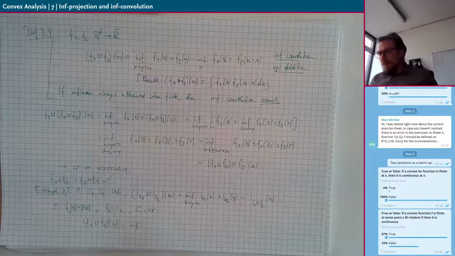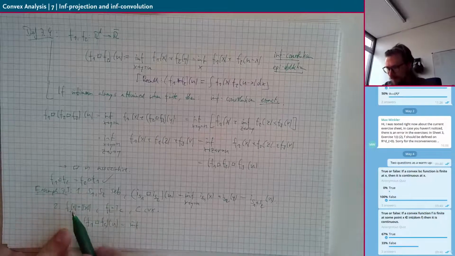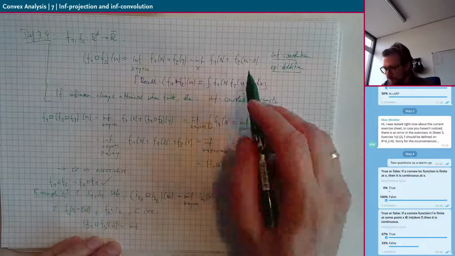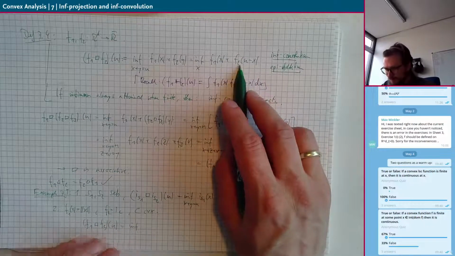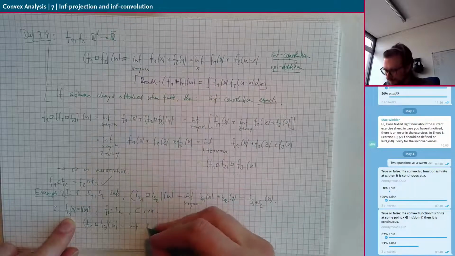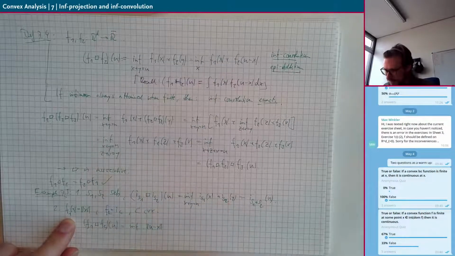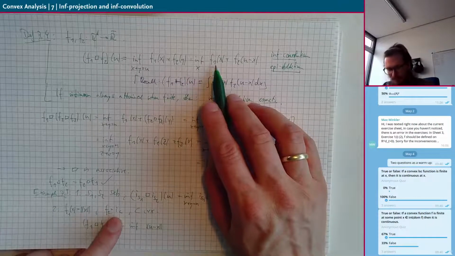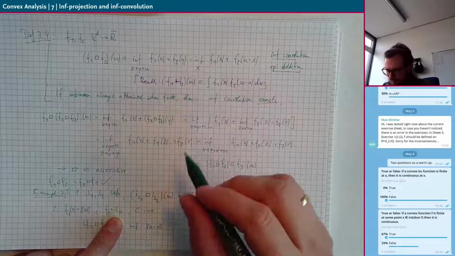We do it the other way around, so we use f1 as the second function, and we use this formulation. If we use f1 instead of f2 over here, then we would have the infimum over u minus x, and we also have x in C.